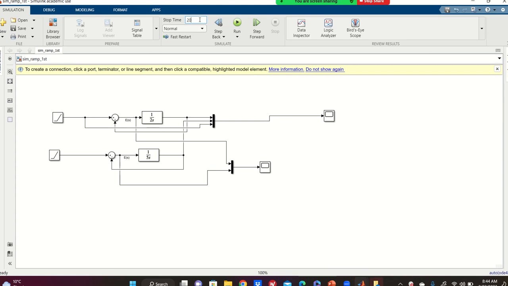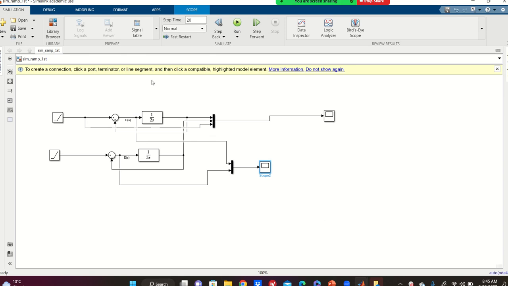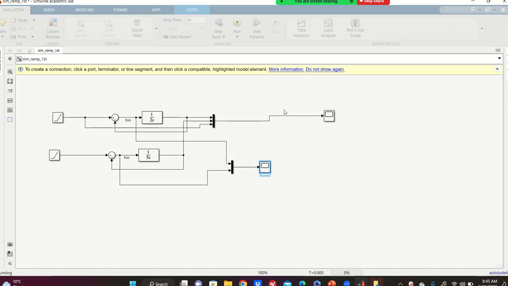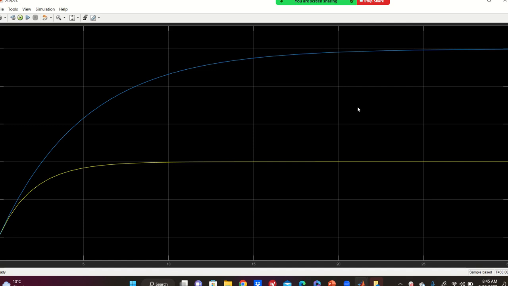Let me increase to 20. Here we go. As you see, one of them goes to 2, another goes to 5. Need more time for the output for 5. So let me put 30. Here we go.